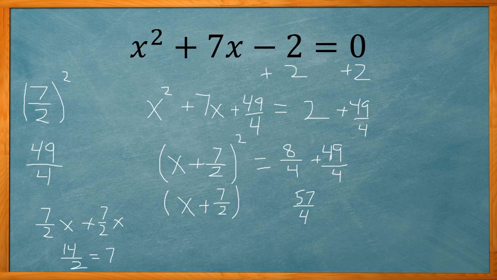So that's how we get that number. Just take the x coefficient and divide it by 2; if you get two of those and add them together, it's going to give you the middle term. Multiply those two together, that'll give you the 49/4.